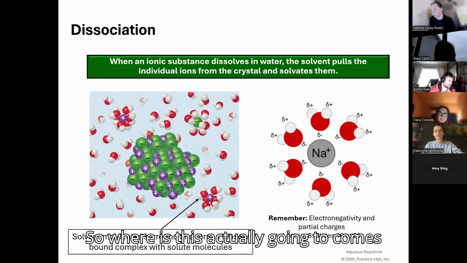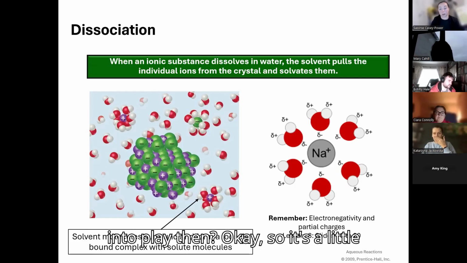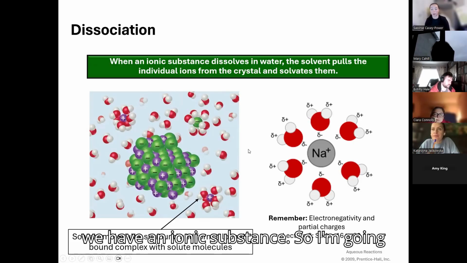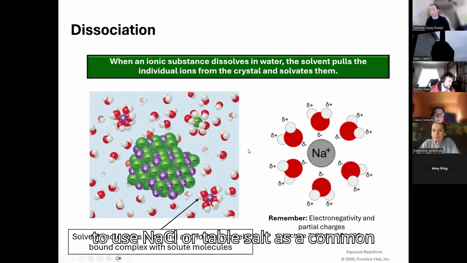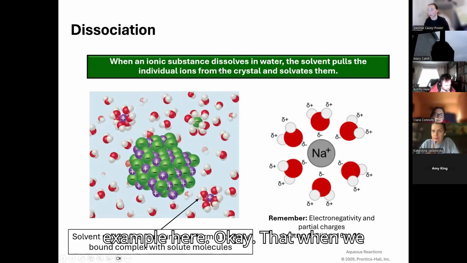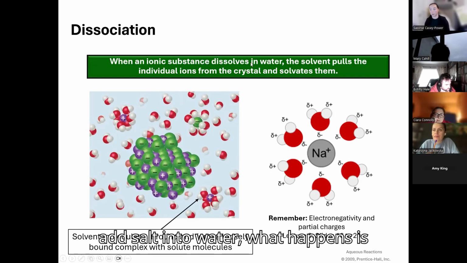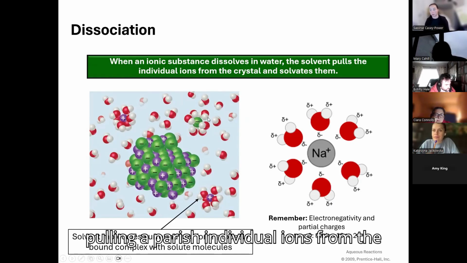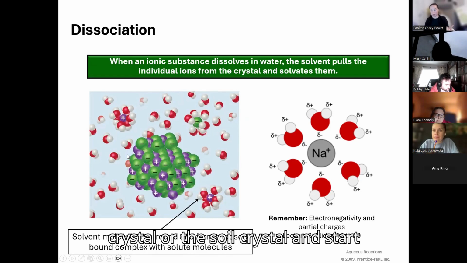So where this actually comes into play is a little bit about how a solution forms. When we have an ionic substance, I'm going to use NaCl or table salt as a common example here. When we add salt into water, what happens is the solvent, or the water molecules, start pulling apart individual ions from the salt crystal and start solvating them.